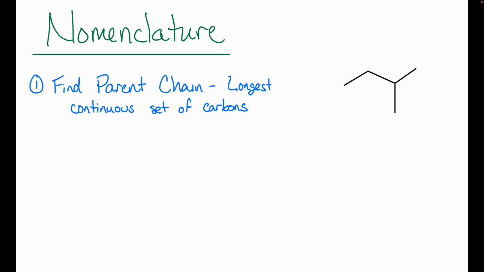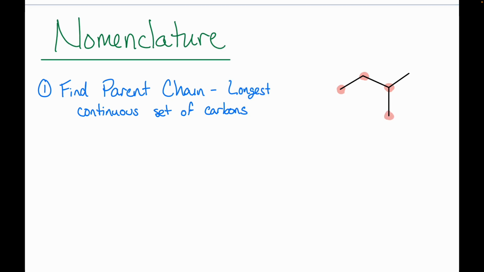Okay. My parent chain here would be these 1, 2, 3, 4 carbons. You could have also said 1, 2, 3, 4, and you would eventually get the same name, right? That's fine because it's symmetric. But nonetheless, that longest continuous set of carbons is my parent chain.